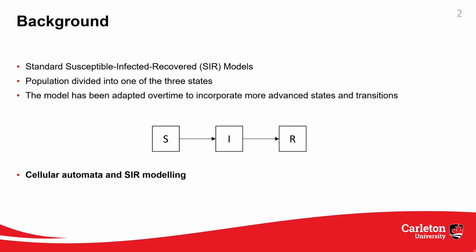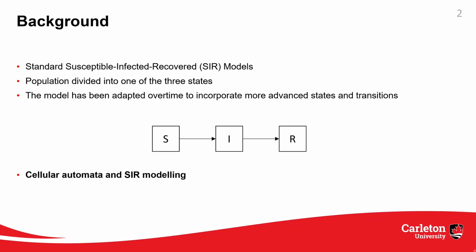Now, some background on disease modeling before we get started on our contribution. Most disease modeling stems from the standard Susceptible-Infected-Recovered model, or the SIR model. In an SIR model, the population is divided into one of three states, the states being susceptible, infected, and recovered.